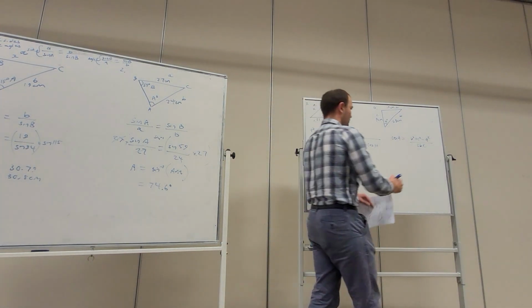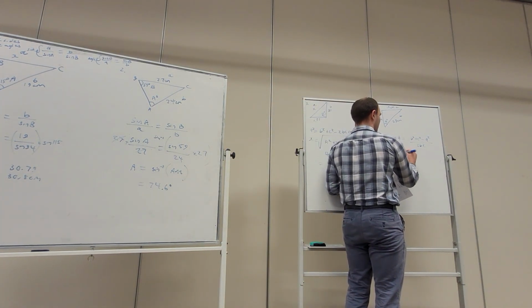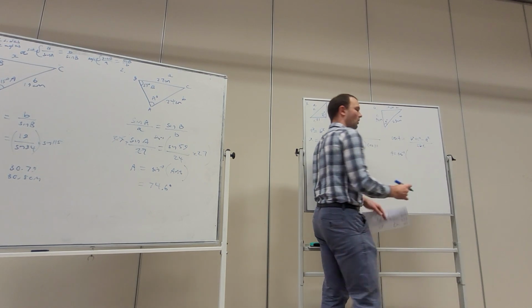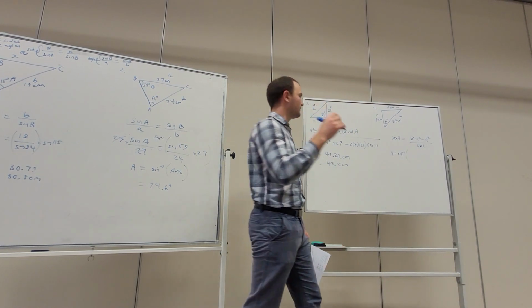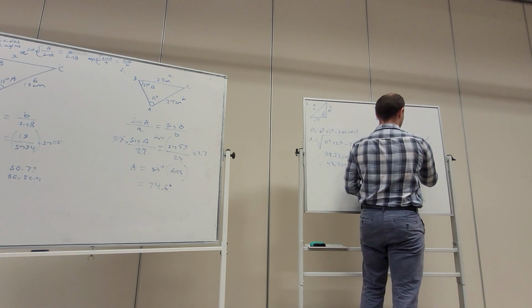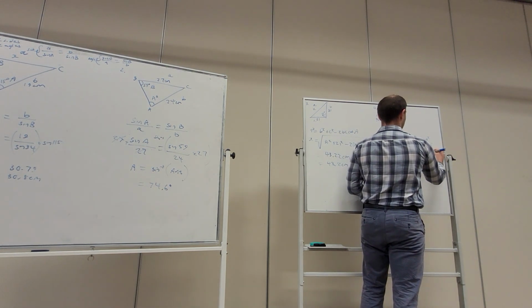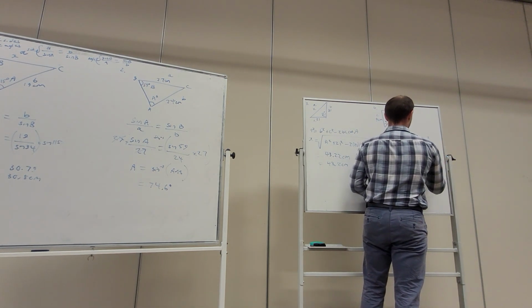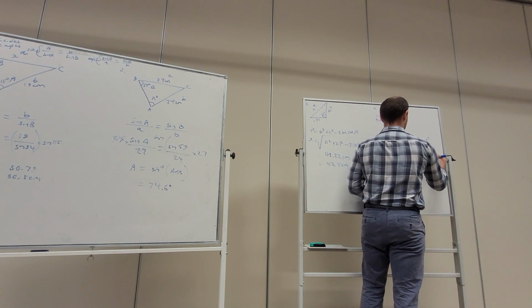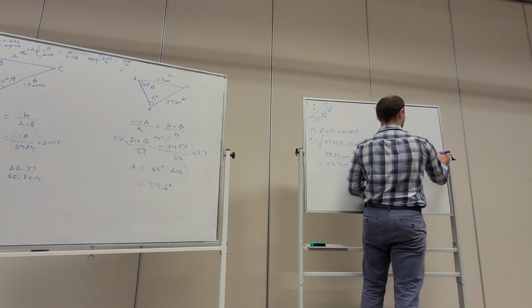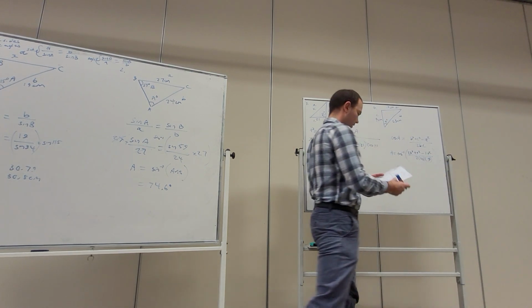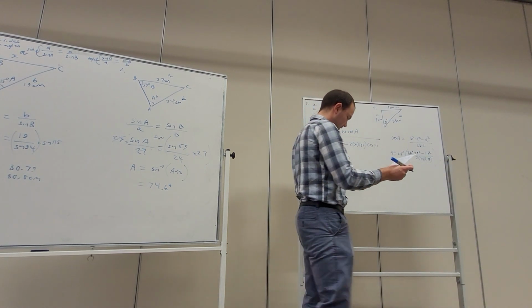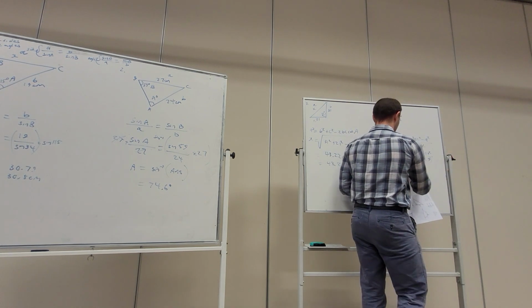So we'll just go straight to A is the inverse cos of, and we'll input all of that information: 23 squared plus 9 squared, take 19 squared on top of 2 times 23 times 19. When I've evaluated that, I got 53.0.